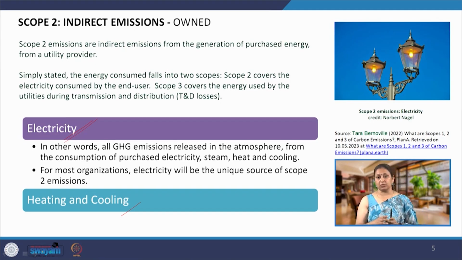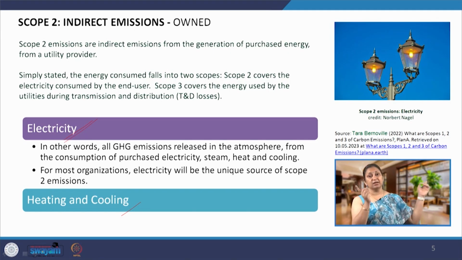for heating and cooling. In India, we might not have seen central heating or district heating and cooling, but especially in colder countries we have central facilities, district heating and cooling facilities, where heating and cooling could be purchased, or maybe a very large facility has a central heating and cooling facility that supplies heating and cooling.